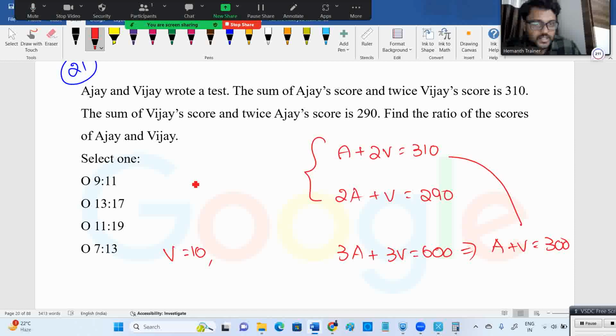Subtracting 290, Ajay plus twice Vijay is 310, so Vijay is 10 more. Divide by 3, sorry, so Vijay's score is 110. Ajay's score is 190. The ratio is 9 to 11.